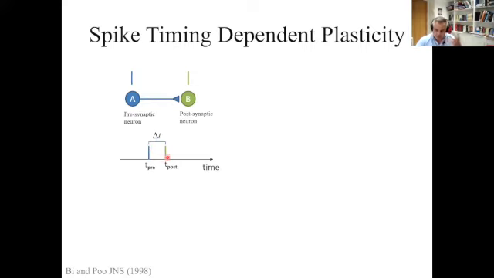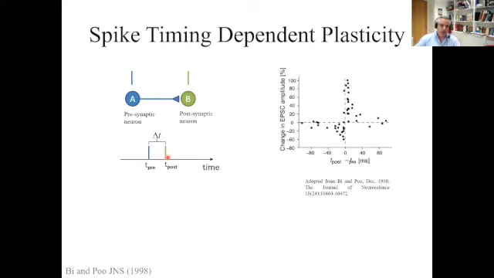If you think of the results of Bi and Poo, then if the temporal relation between the presynaptic firing and the postsynaptic firing is in the causal branch, where the x-axis here is the time difference of post minus pre, then we potentiate the synapse. If we're in the acausal branch, so if the postsynaptic cell fires before the presynaptic cell, we depress.